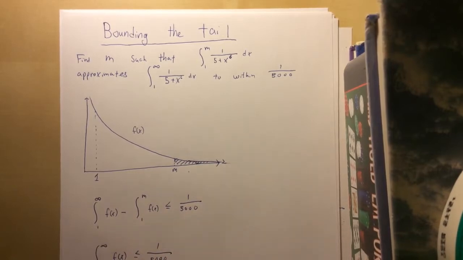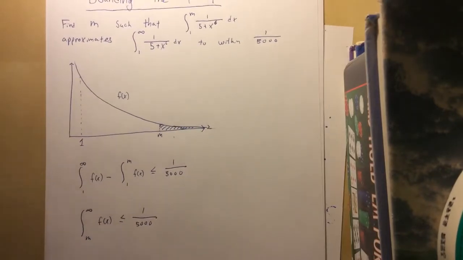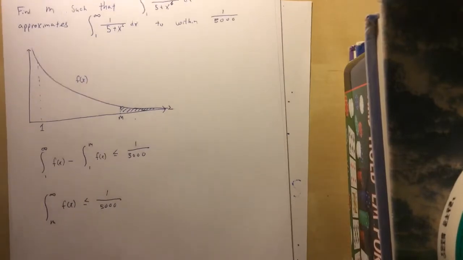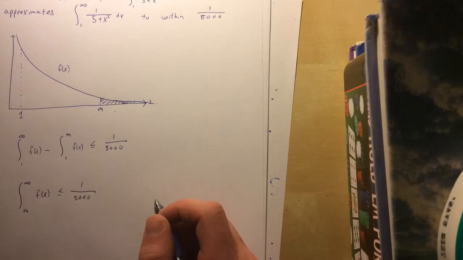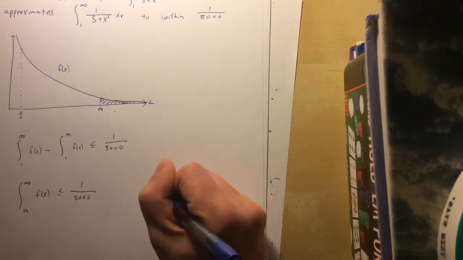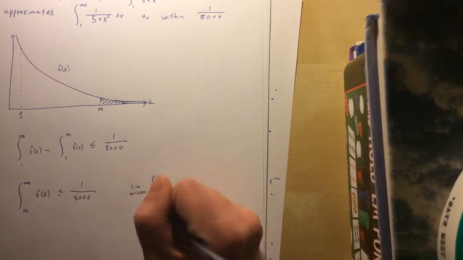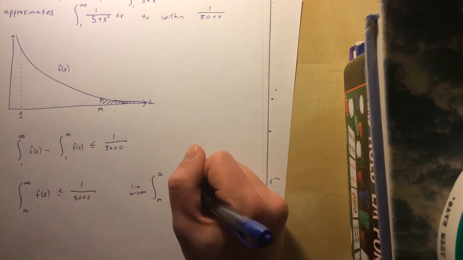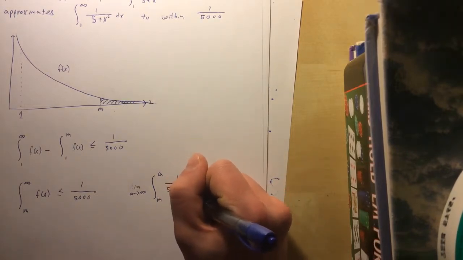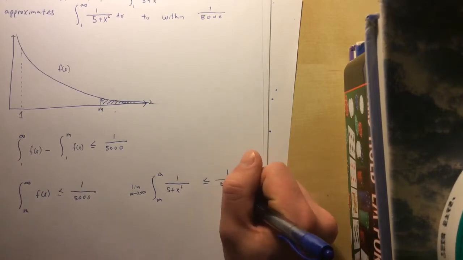And I know this is an improper integral, so when we're solving it, we have to take that into account. So let's go ahead and write down our integral, which is going to be the limit as a approaches infinity of the integral from m to a of 1 over 5 plus x to the 6th dx, and we want that to be less than or equal to 1 over 5,000.